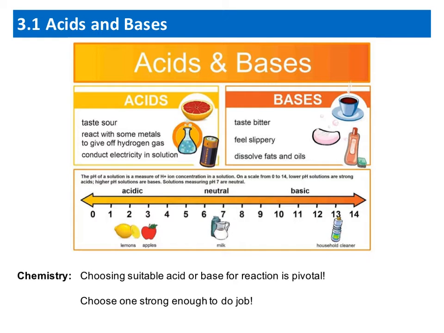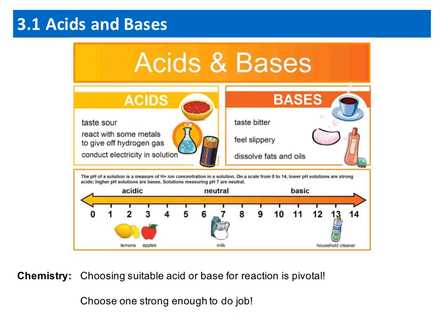Most of the time, acids are sour if you taste them, such as lemon and vinegar. Bases are usually bitter and they feel slippery. A lot of laundry detergents and soaps are in the category of bases. In chemistry, we have a pH scale that tells us how acidic and basic something is.